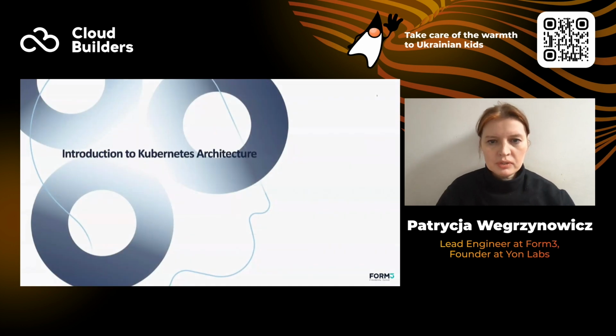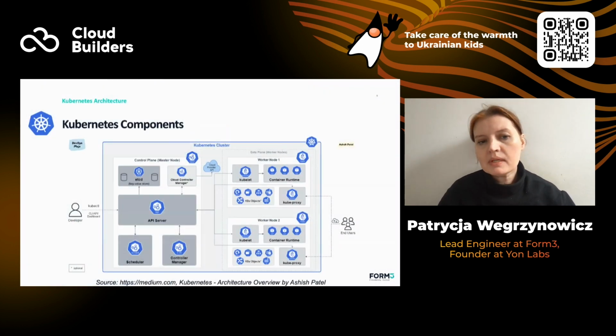So, a short introduction to Kubernetes architecture. For sure, most of you know that Kubernetes consists of 2 main components, control plane and worker nodes. Control plane, also known as master node, is basically the place with API server, which controls and manages worker nodes.